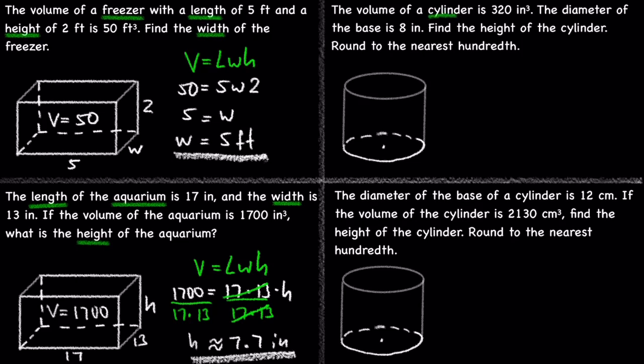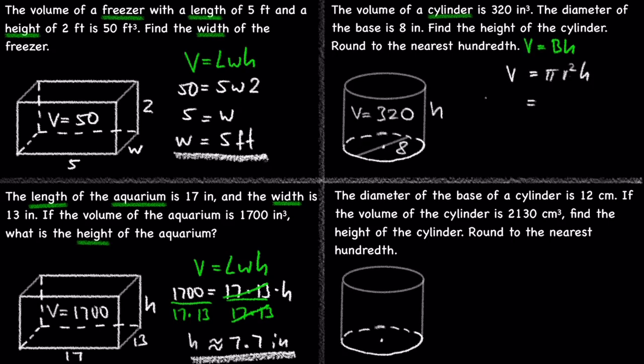The volume of a cylinder is 320 cubic inches. The diameter of the base is 8 inches. Find the height of the cylinder. Round to the nearest hundredth. The volume for the cylinder is the base times the height. The base of the cylinder is the area of the circle, so we can write pi r squared.